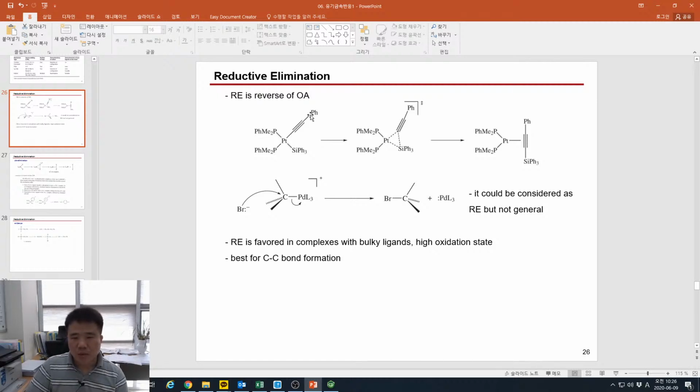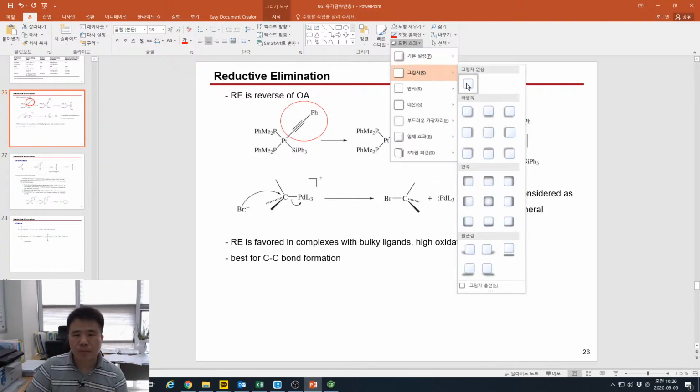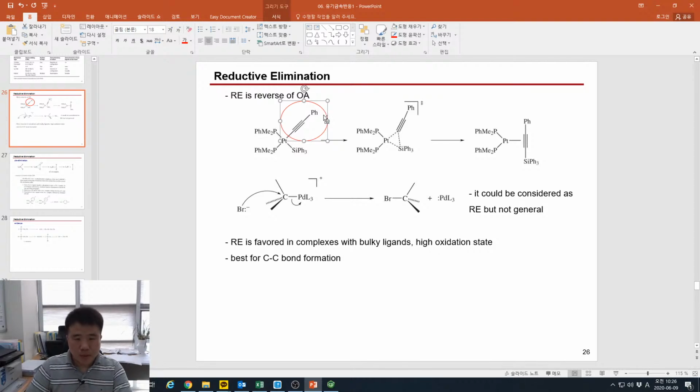Okay, so I want to carry out reductive elimination of this part, this part, and this part. What happened?